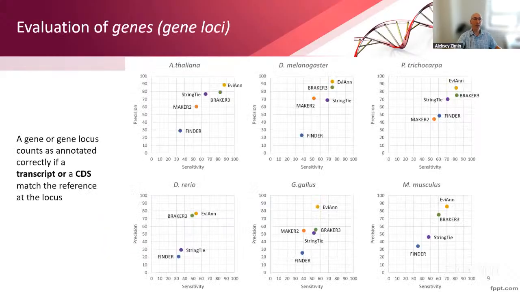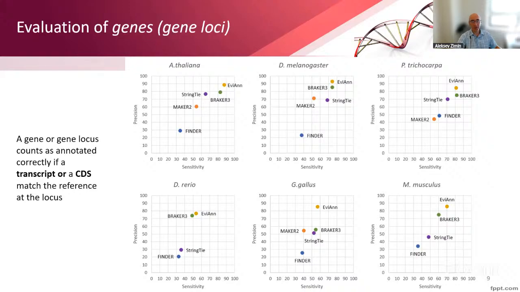This is the first evaluation. This is evaluation of gene loci. So again, I give a passing grade for a gene locus if a pipeline gets a transcript or CDS that matches a reference at that locus. So you only have to get one.